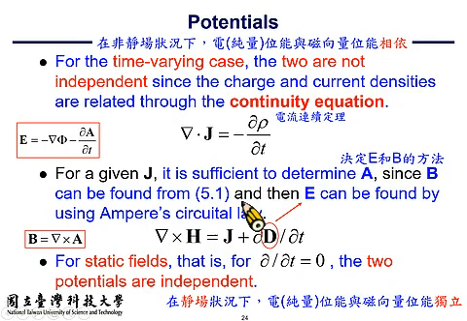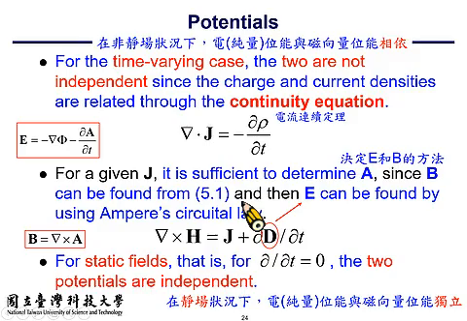Then in the static field case, where the time derivative equals 0, you can see that H is directly related to J, and E is directly related to rho. So under the condition of a steady field, the electrical scalar potential and the magnetic vector potential are independent. They are not related to each other.